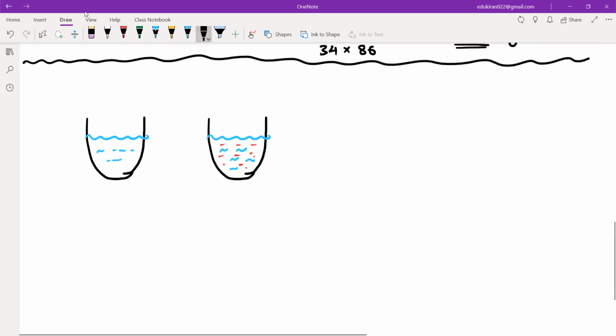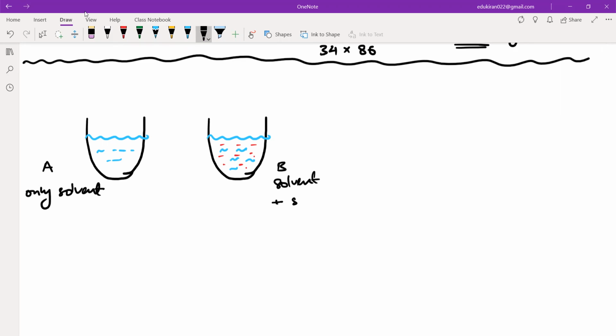There's a container A and container B. In container A, we only have solvent. In container B, we have solvent as well as some solid solute.